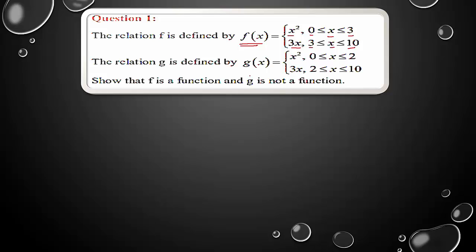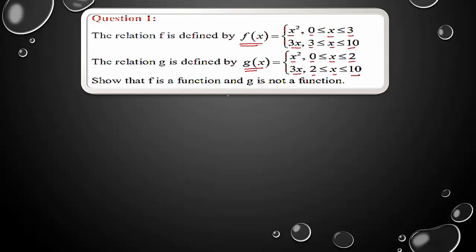Clear? Next, the relation g is defined by g of x equals x square whenever x is in between 0 and 2, and if x is in between 2 and 10, your function is 3x.